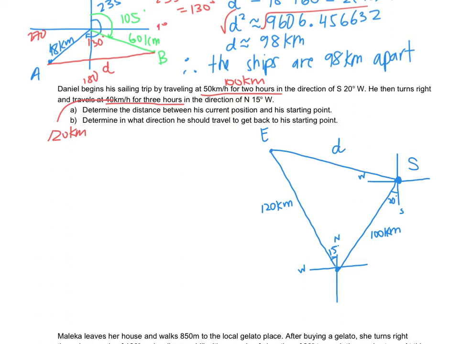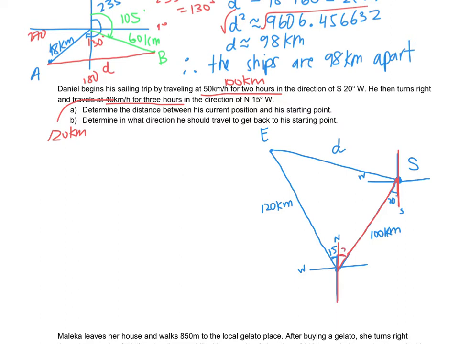So these grids here, these little Cartesian grids I put for north, south, east, west, they're parallel to each other. So this north-south line is parallel to this north-south line, which means if I do a little Z pattern here, those middle angles are alternate angles.